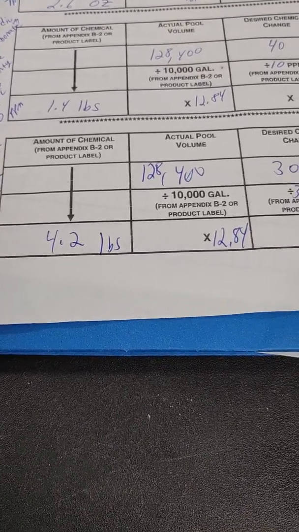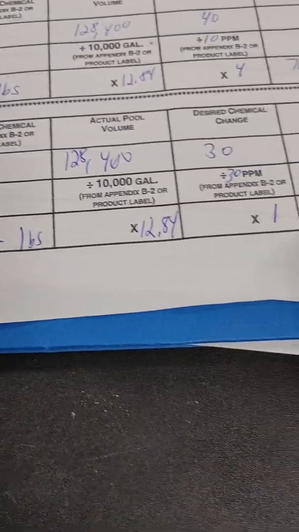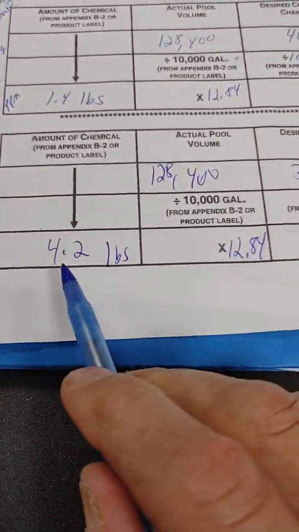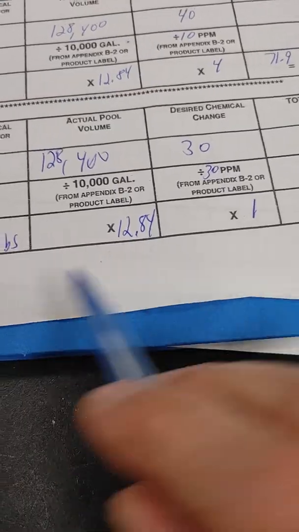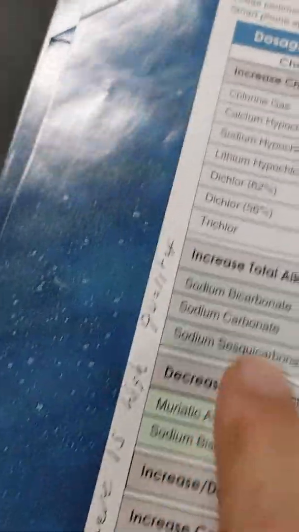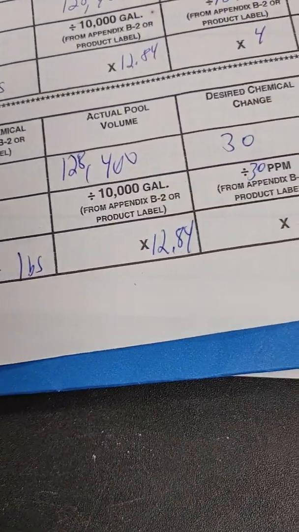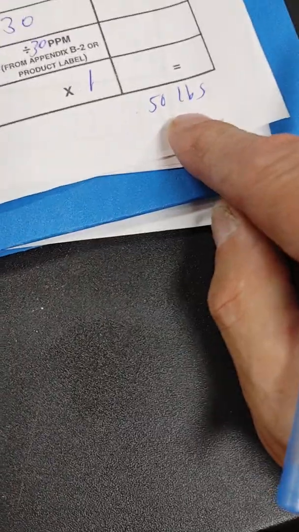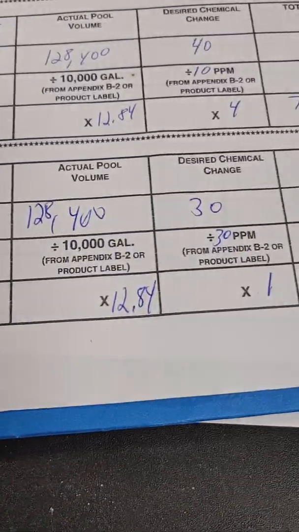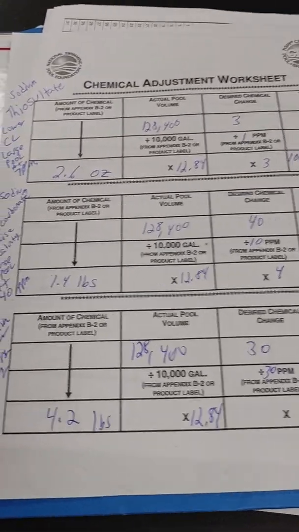I'm going to say 50 pounds. I would use a calculator for that. Let's pretend that times that is 50. Pretty close. So anyway, 50 pounds. I would add 50 pounds of sodium bicarbonate to get it to 30 parts per million for 128,000 gallons of water. That's what I'd raise it by. Boom, done. So you can apply that to all the other stuff that you're trying to do to work this pool.